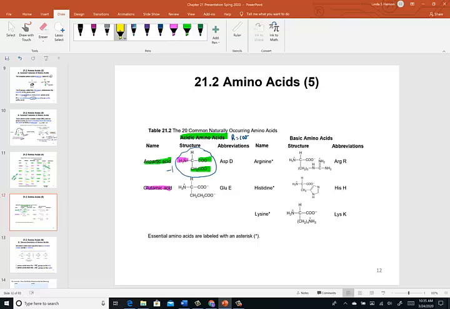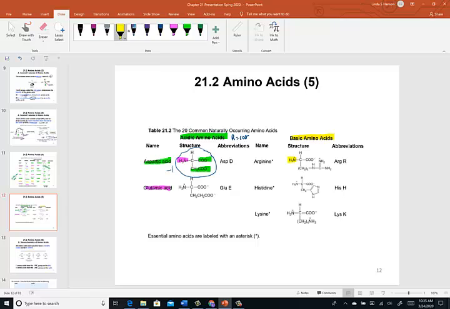Now look in this column. These are the basic amino acids, meaning that the R group has an additional amine function in it. So you can see all kinds of amines. And arginine is a basic structure. Do you notice that this is no longer electrically neutral? Let me highlight that better.